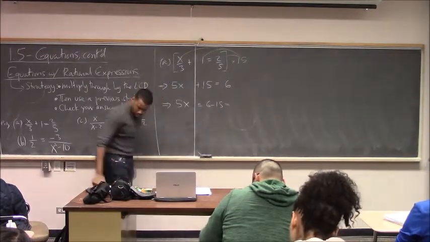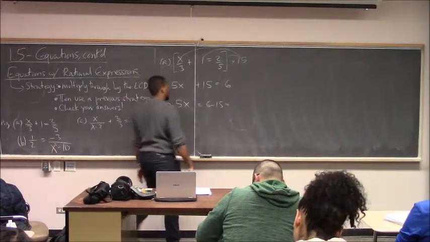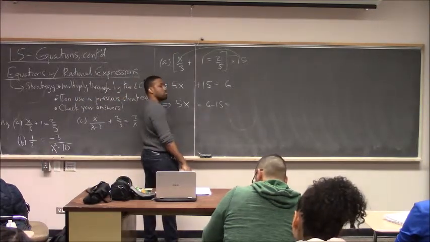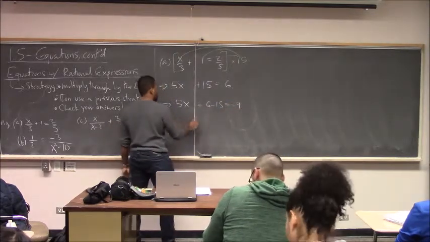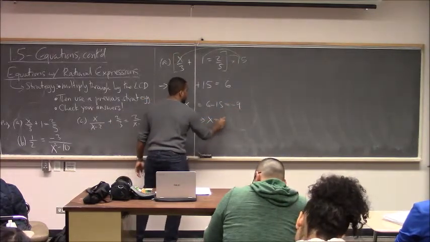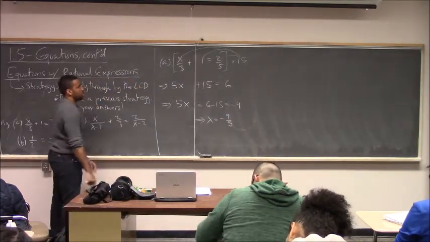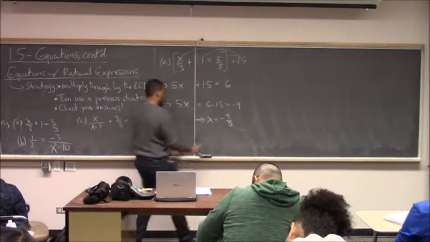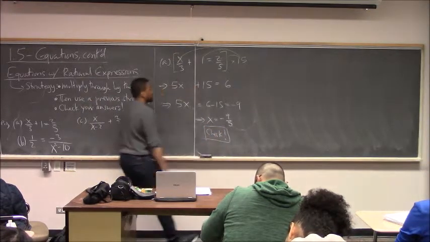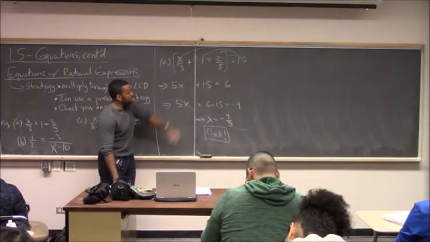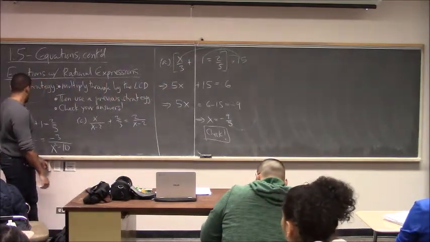So subtracting 15 there gives us what? Minus 9. And so now we get x would be minus 9 over 5. And you can check this. I'm not going to do it here because this is linear. The denominators are all constants, so 9 over 5 seems perfectly reasonable to me.